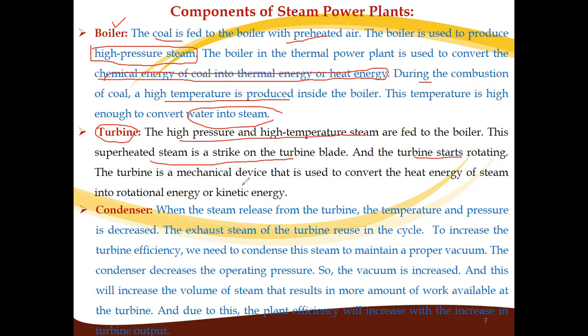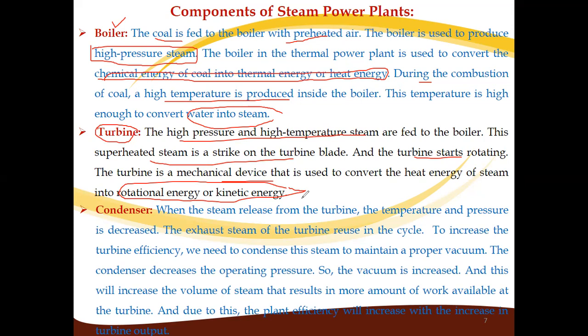The turbine is a mechanical device which converts the heat energy of steam into rotational energy or kinetic energy of a shaft. So this is the function of the turbine.